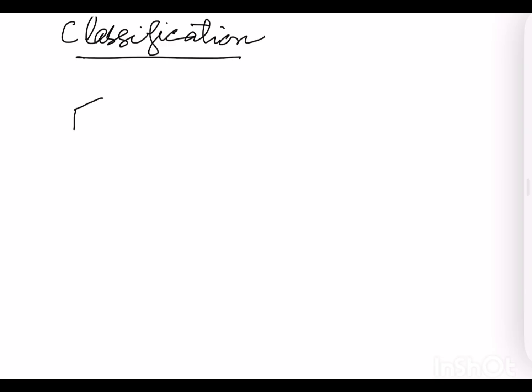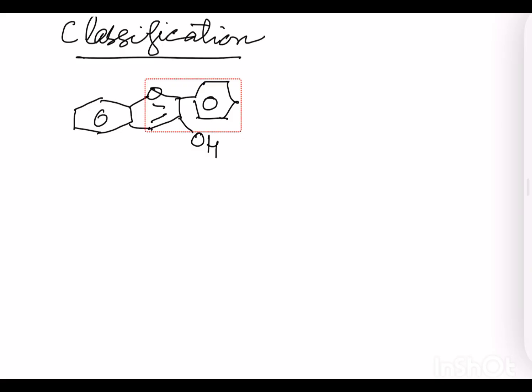This is your benzene ring, and it is hydroxyl group attached with the nucleus, and this nucleus is called as Cl minus, and it is called as anthocyanidins. This is the one class.